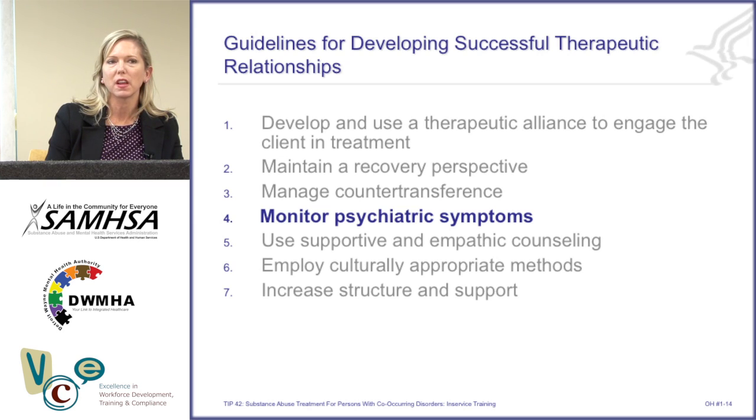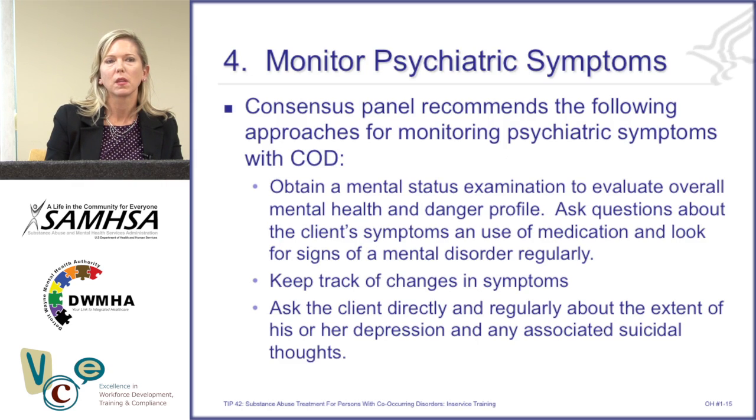Let's move on to the next one, number 4, which is monitor psychiatric symptoms. The consensus panel recommends the following approaches for monitoring psychiatric symptoms with co-occurring disorders. Obtain a mental status exam to evaluate overall mental health and danger profile.